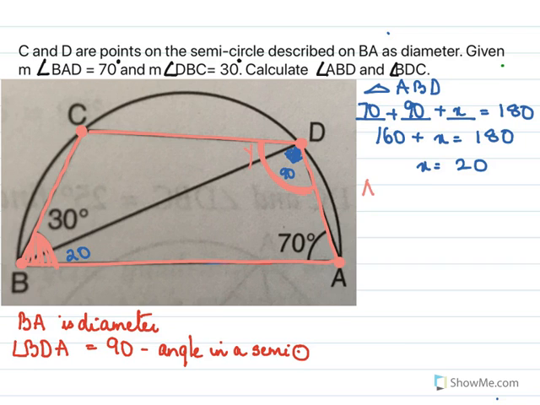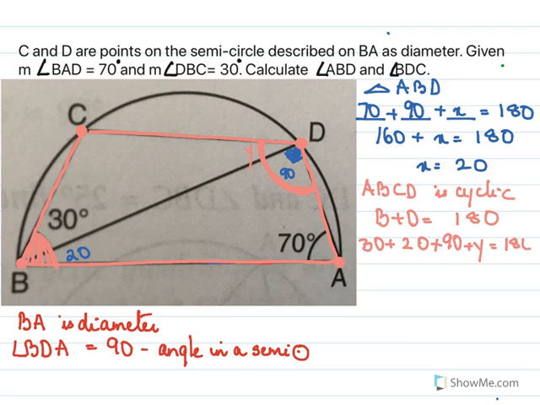So I have ABCD is cyclic, which means angle B plus angle D equals 180. Now we know angle B is 30 plus 20, and angle D is 90 plus y, equal to 180.